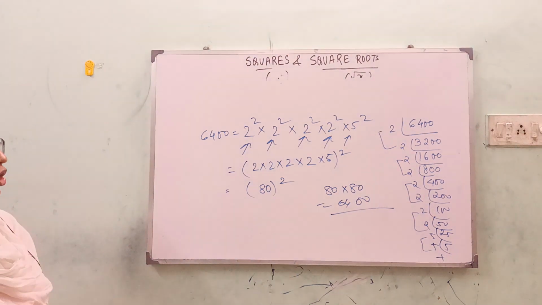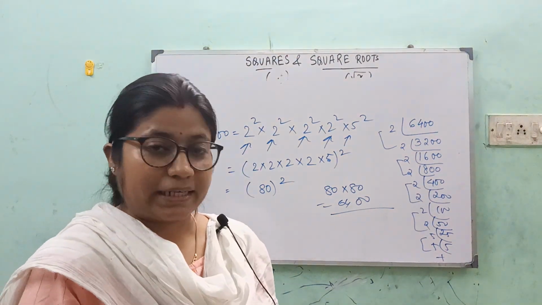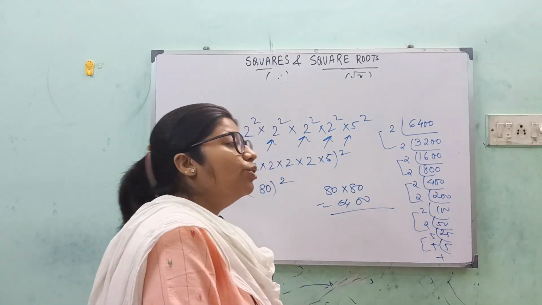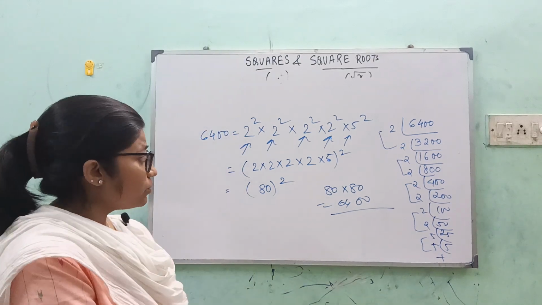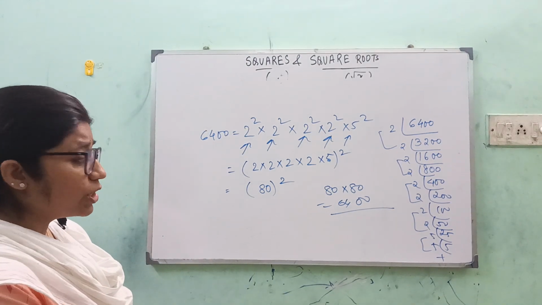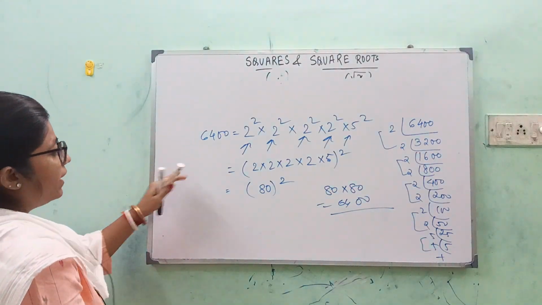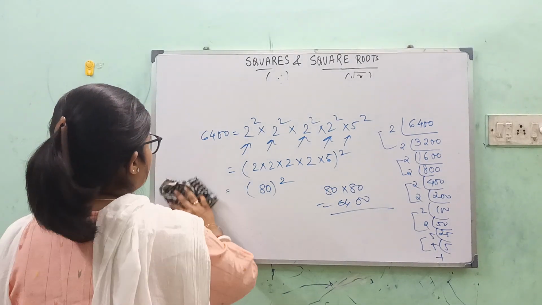So this is the way you can decide whether a given number is a perfect square or not. That is, if you are able to express the given number in the form of product of pairs of equal prime factors. All right, and also you can find out the number whose square is the given number.